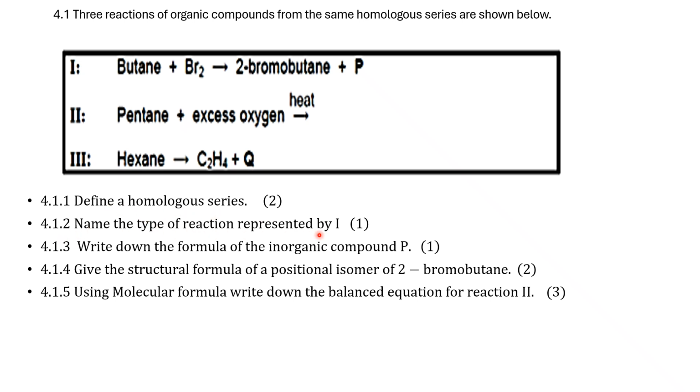Name the type of reaction represented by 1. Write down the formula of the inorganic compound P. Give the structural formula of a positional isomer of 2-bromobutane. Using molecular formula, write down the balanced equation for reaction 2.